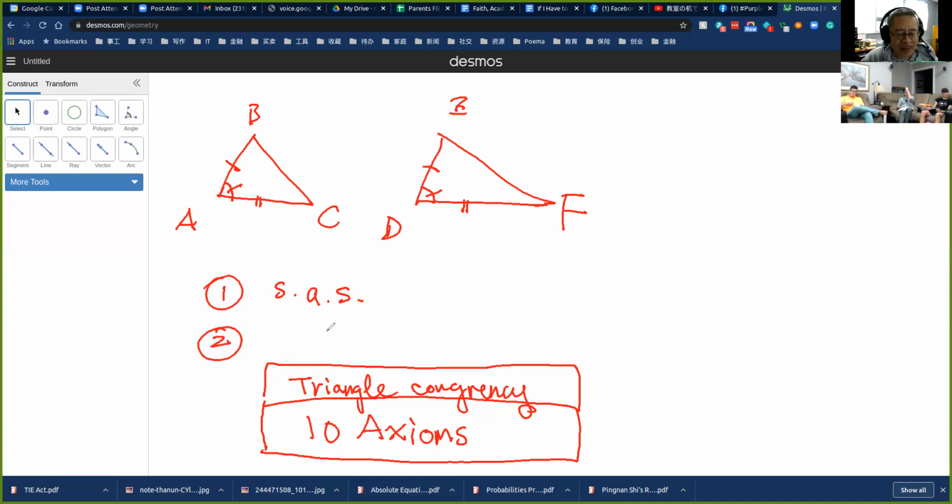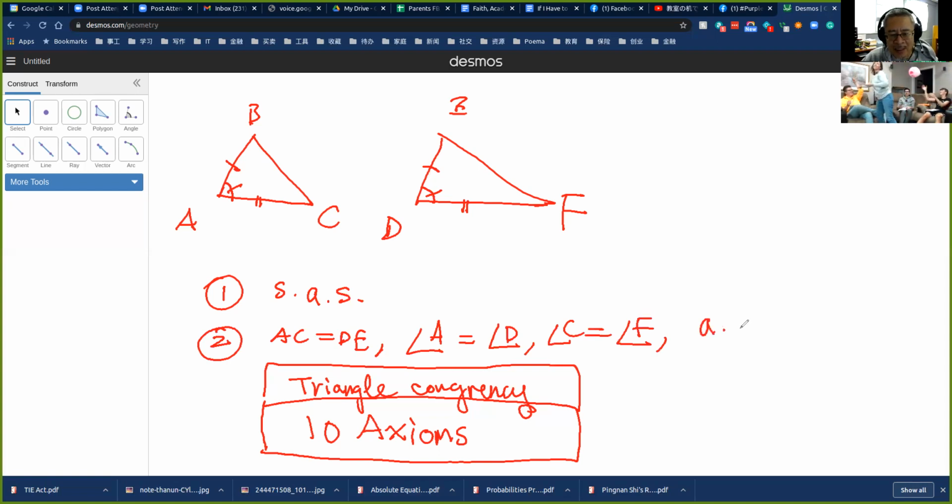The second one is if we know one side congruent, let's say we have AC equal to DF, and angle A is congruent to angle D, and angle C is congruent to angle F, then the triangles are congruent.